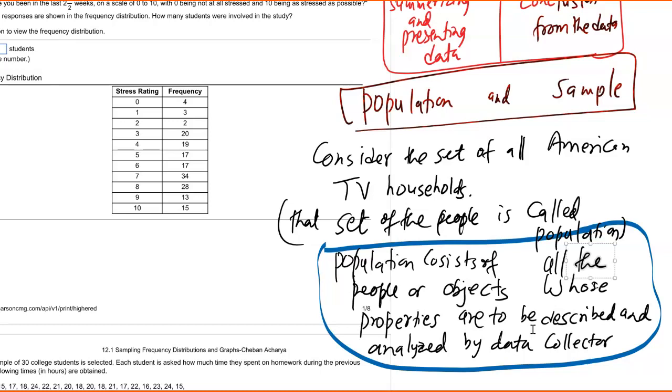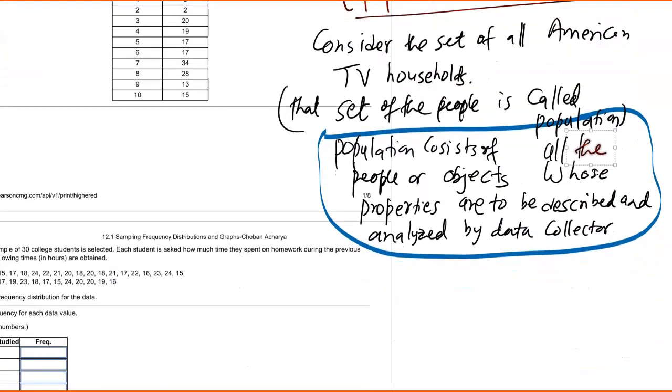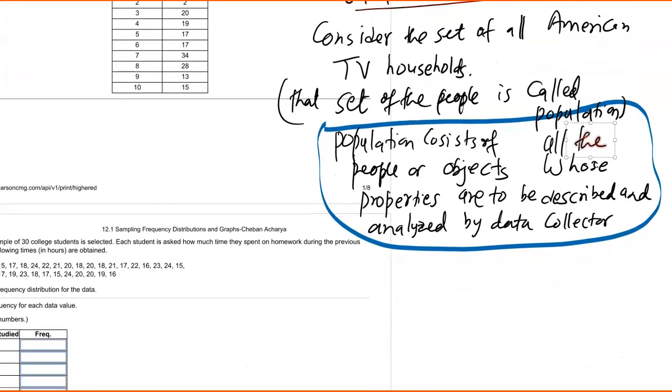But since the group is big, the data cannot be collected from every individual in the population. Then what we do is draw the sample. In other words, to study the characteristics of the population, we study the sample, and we draw the conclusion from the sample about the population.